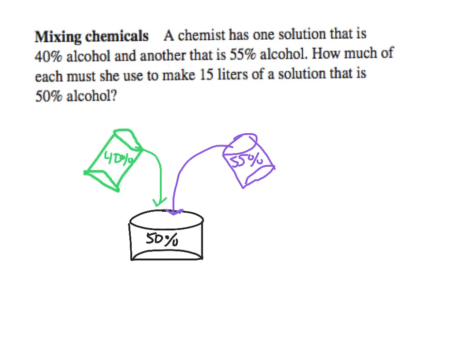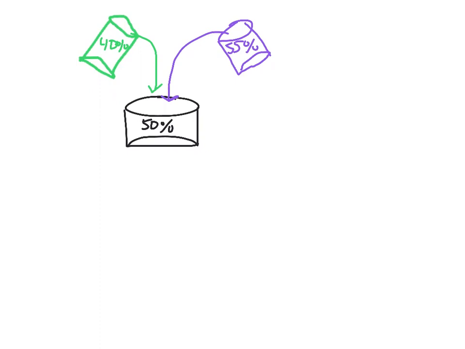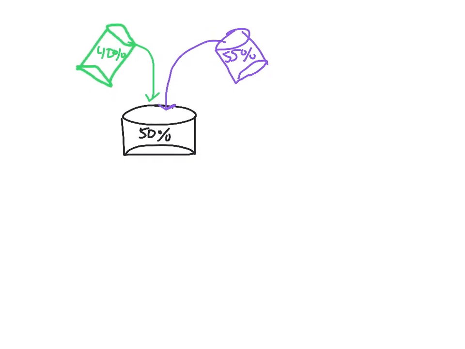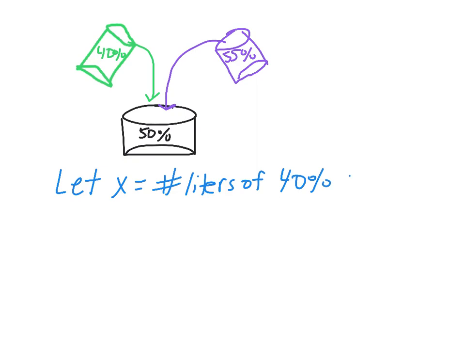We know that the total that's going in there is 15 liters, and so let's define our variables. Let x equal the number of liters of the 40% alcohol solution in the mixture.